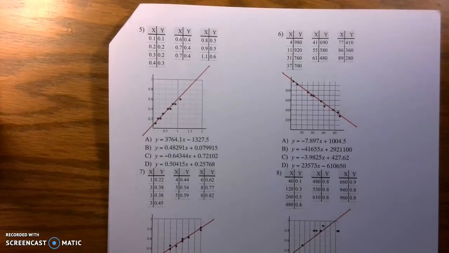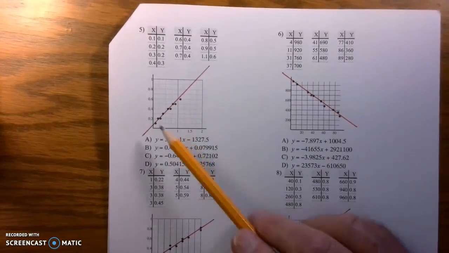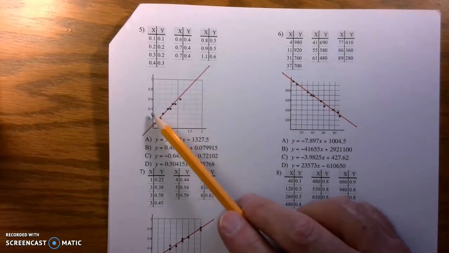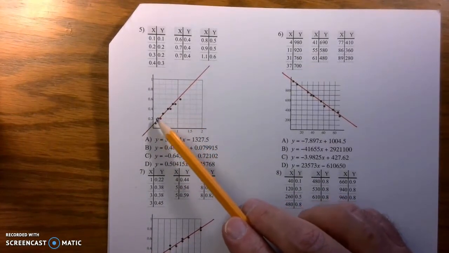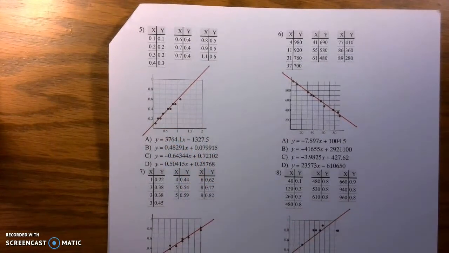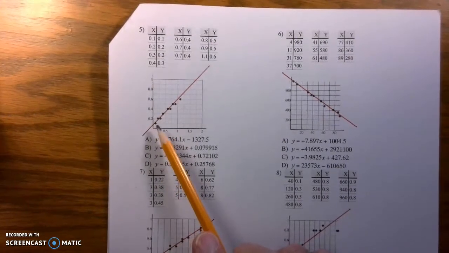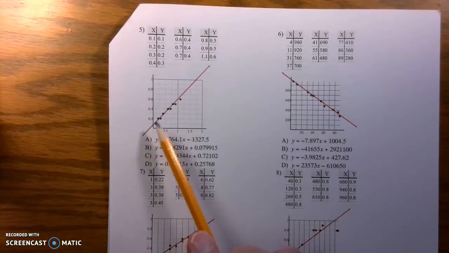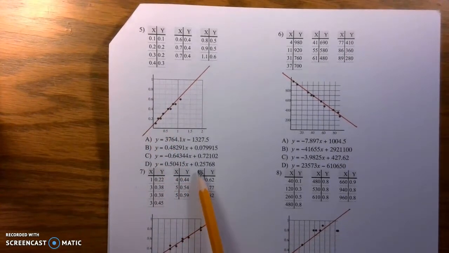All right, number 5. And I drew the line. It's coming down here. This is 0.4, 0.2, so this is 0.1. It's less than 0.1, but not much less. 0.2, 0.7.